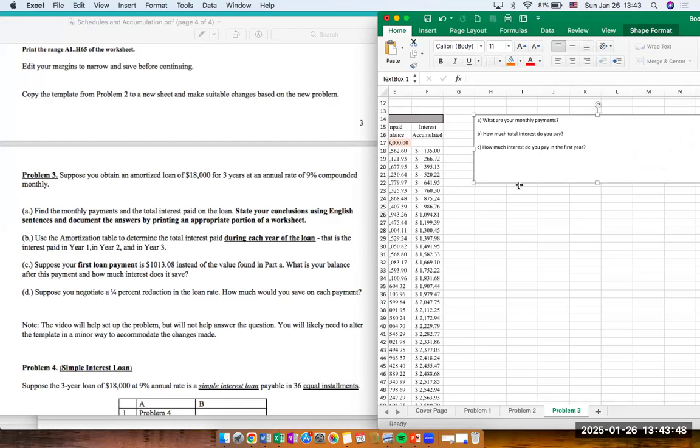So find monthly payments and total interest paid on the loan. Let's see, B is use the table to determine the total interest paid during each year of the loan.